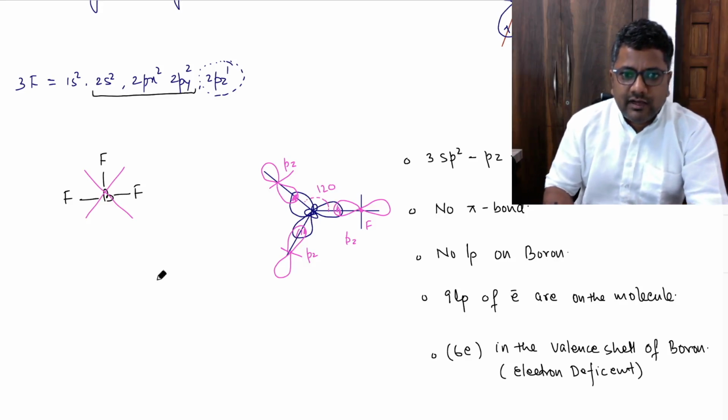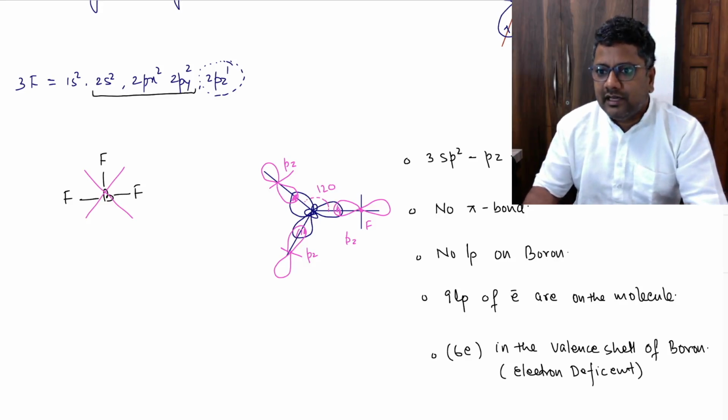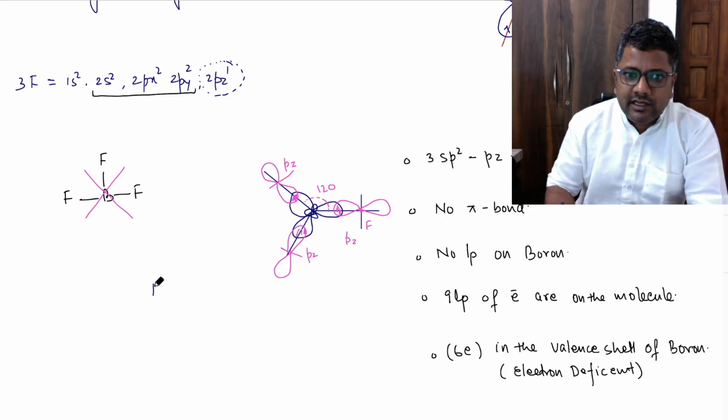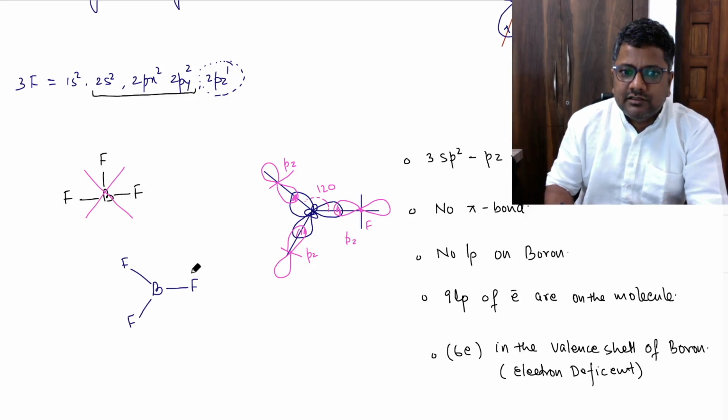So now you have to develop the habit and practice of drawing the Lewis structure of boron like this, an approximate structure that has a bond angle of 120 degrees from each other.